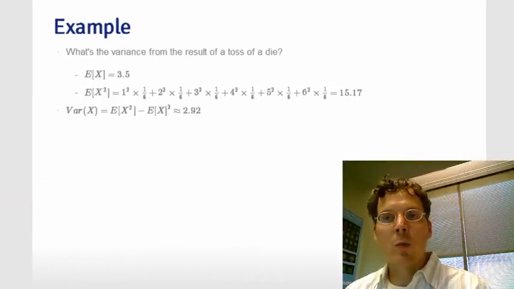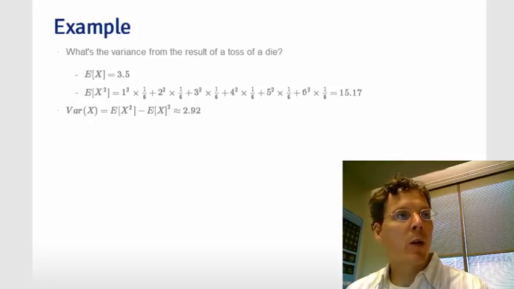In this class, we won't spend a lot of time calculating expected values, either means or variances of populations by hand, but I want to go through one such calculation. If we use our shortcut formula, recall from the last lecture, the expected value of x is 3.5 when x is the result of a toss of a die.